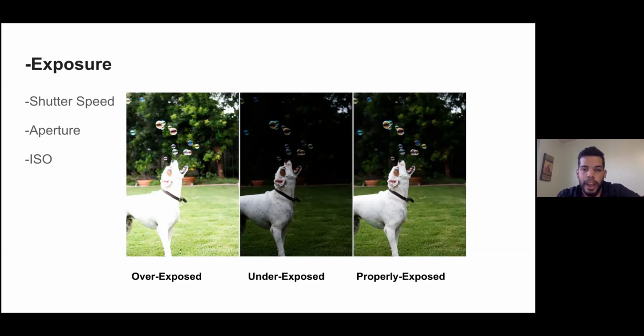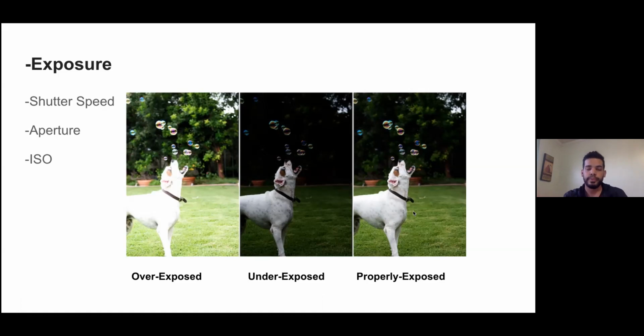We can see the background. We can mostly see the dog, but it's mostly dark. But now in the picture on the far right, we can see the picture is well lit. We can see everything in the background mostly, and the dog is well lit.